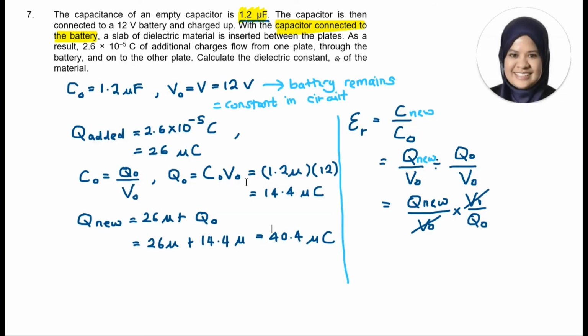So epsilon R can be determined by Q new or Q divided by the initial Q, and my Q new is 40.4 micro divided by Q0 equals to 14.4 micro.